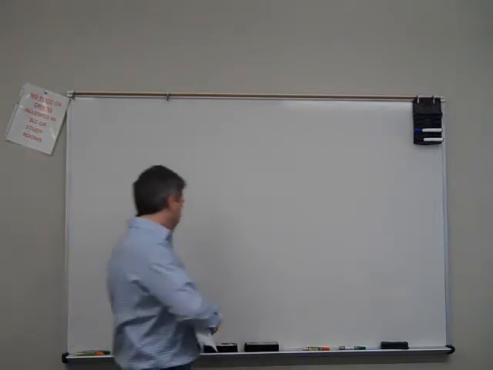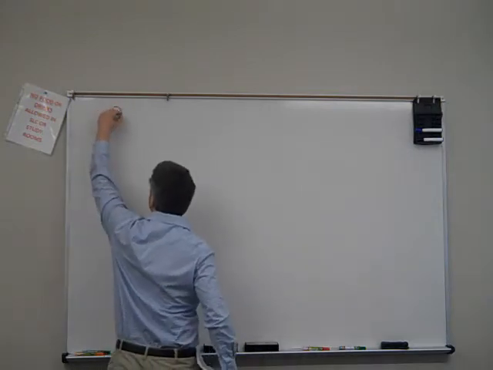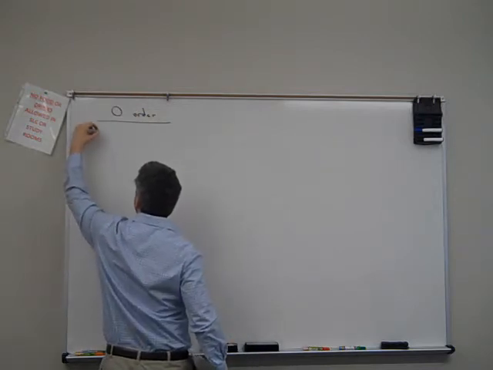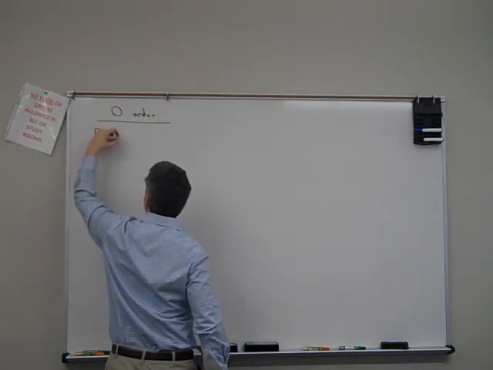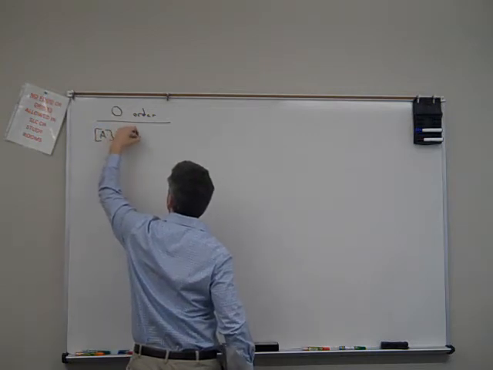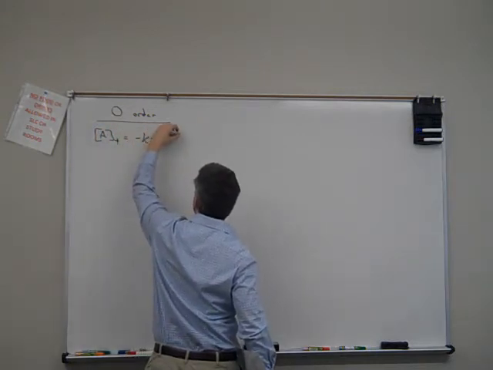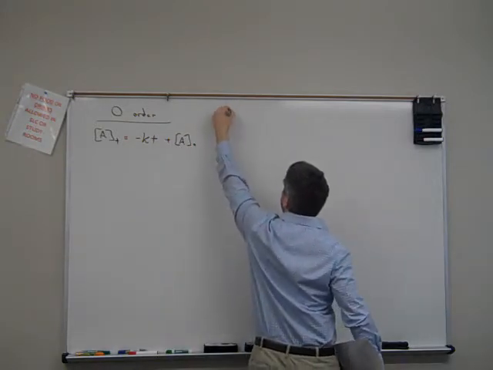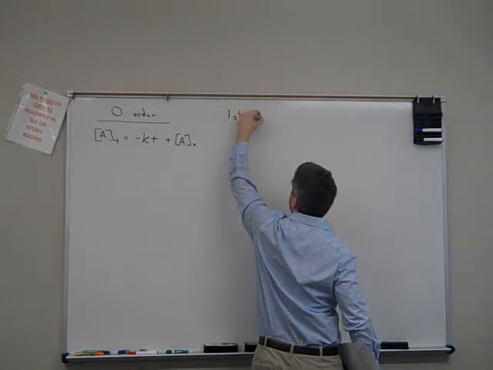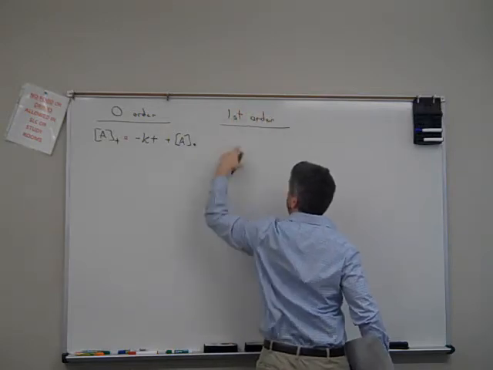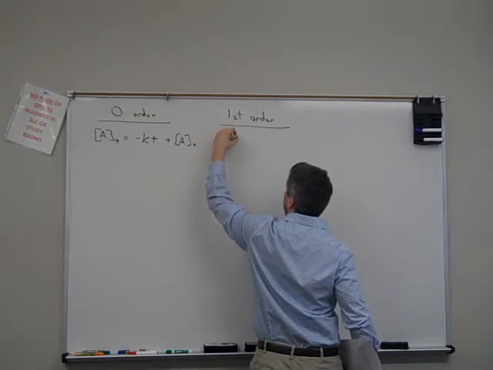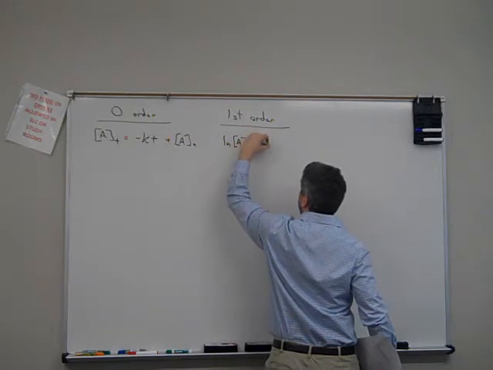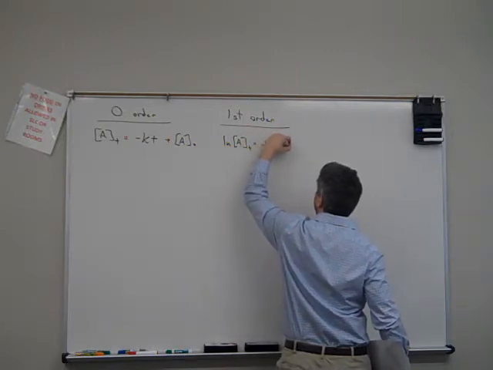Alright, so the 3 integrated rate laws are as follows. You have the zero order integrated rate law, which is basically just the concentration of A at time t is equal to negative kt plus the concentration of A initial. There is the first order integrated rate law, and that is the ln of A at time t is equal to negative k times t plus the ln of A initial.